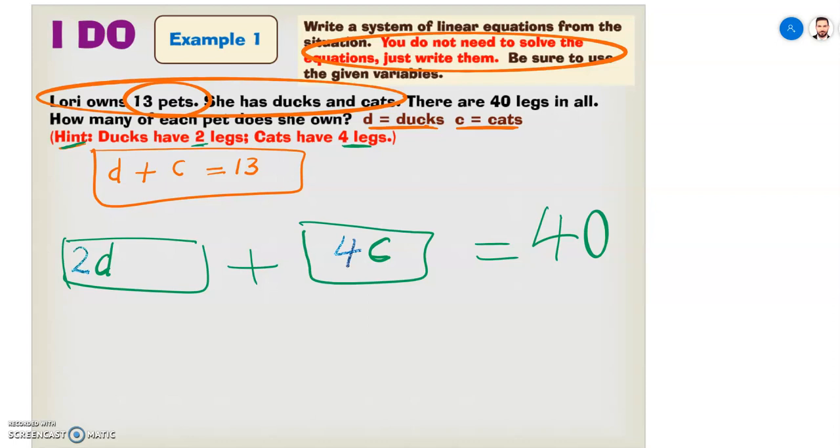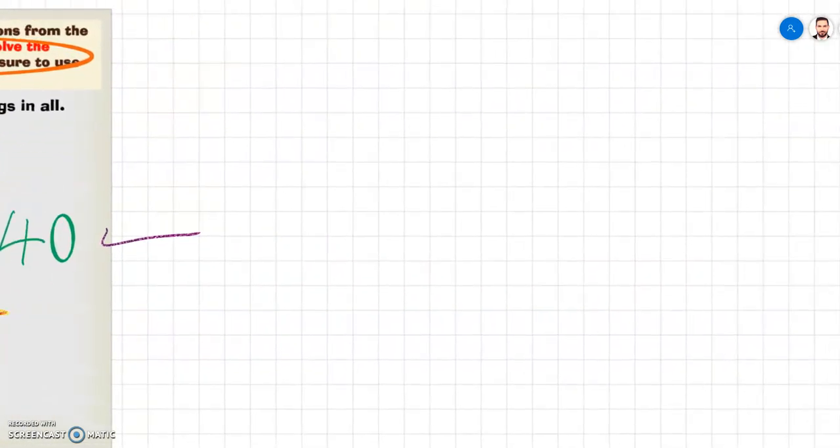That means my second equation is 2d plus 4c equals 40. First equation: d plus c equals 13. Second equation: 2d plus 4c is equal to 40. I don't need to solve it, just analyze it and translate the word problems. If you are able to translate the word problems, then you meet your criteria. Thank you very much for understanding.